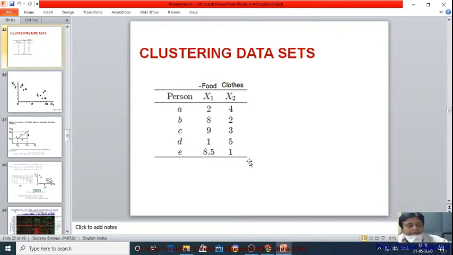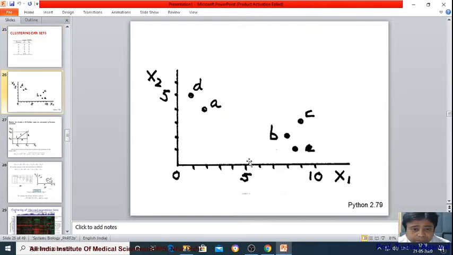Again, the question is that there are 5 different individuals labeled A to E, and they spend a certain amount of money on food as well as on clothing, represented as x1 and x2. Which people's spending patterns are similar, and who of them are actually spending in a similar way? Okay, that's the question. Now the easiest way of doing that is a 2-dimensional plot.